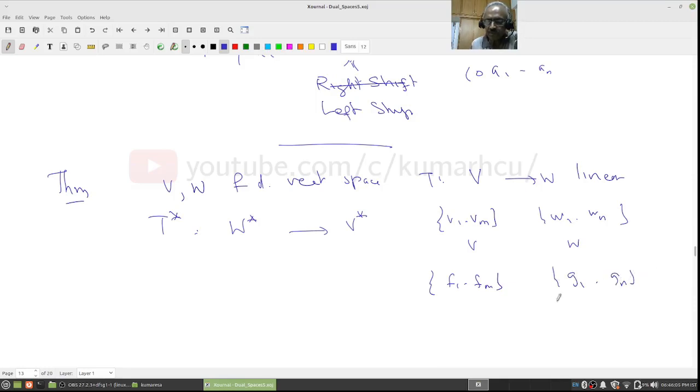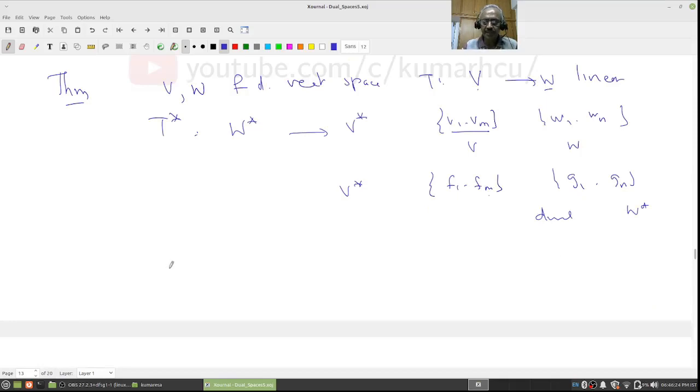Is the notation clear? V1 to Vm is a basis of V, and F1 to Fm is the dual basis of V star, and W1 to Wn is a basis of W, and G1 to Gn is the dual basis of W star.